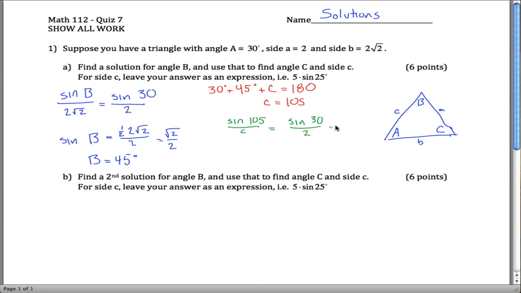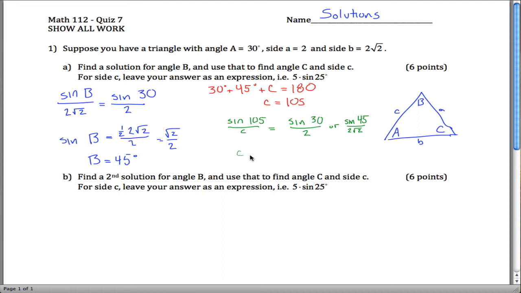Or you could have used the sine of 45, which is what we figured out B was, divided by 2 root 2. So you can set that equal to either of these two things. I'm going to use this one because this is easier. If I solve this algebraically, I multiply the 2 over here, divide by the sine of 30 over here, and multiply the c over to here.